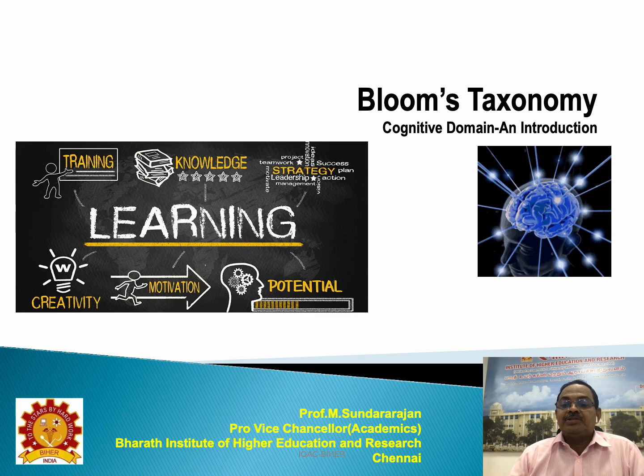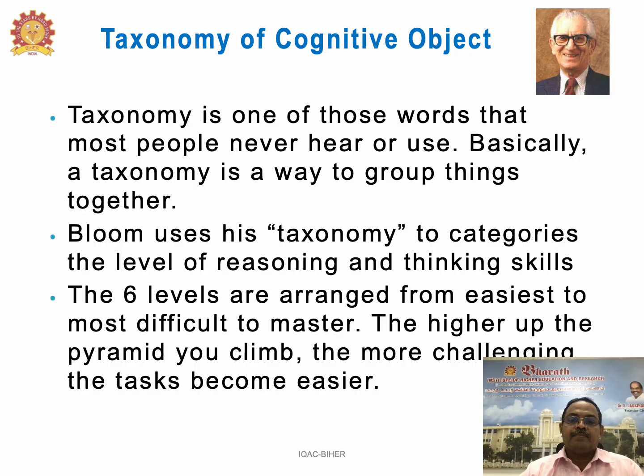In this presentation, we are going to learn the learning process of the human brain. The human brain systematically has some learning approaches. These methods are invented and categorized as taxonomy.